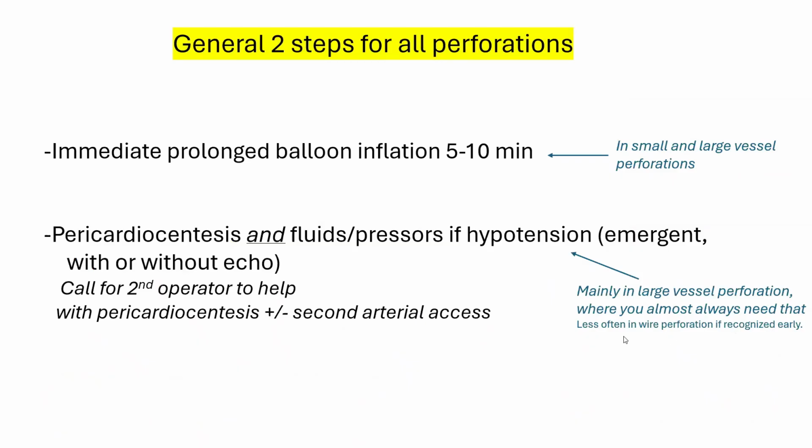In terms of management, there are generally two big steps for all perforations. One is immediate prolonged balloon inflation for 5 to 10 minutes. This is for both small and large vessel perforations.